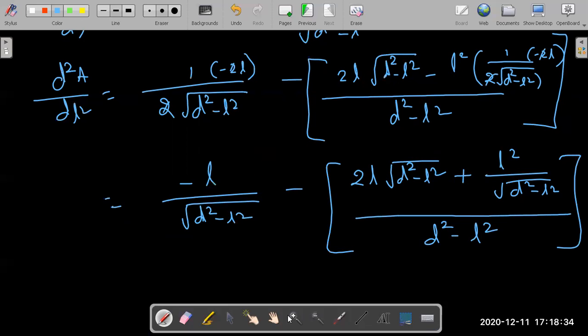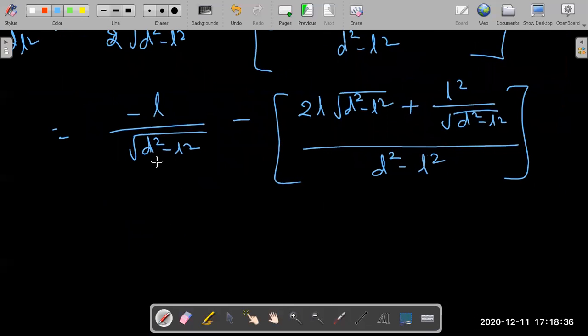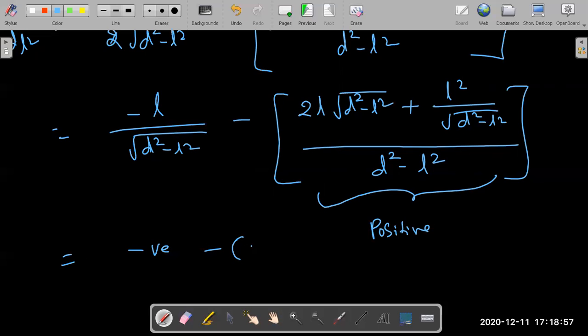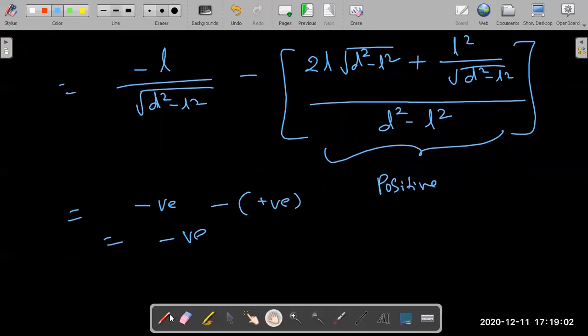Now you have to pick each one and tell. So inside this bracket is positive, whatever value of d and L you take, this entire thing is positive. Therefore you get negative, minus, negative. So you're getting an overall negative value. Since overall d square A by dL square is negative, area is maximum.